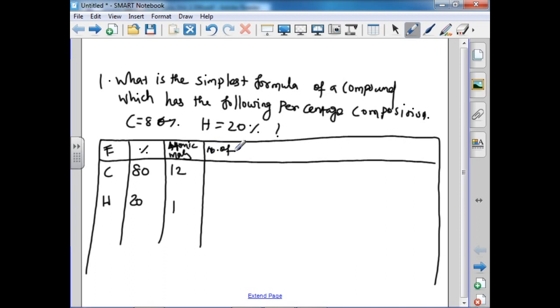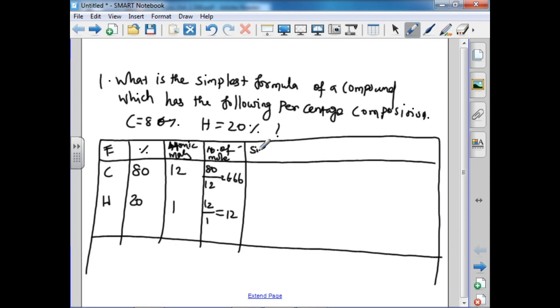Number of moles. The formula is mass divided by atomic mass. The given mass is 80 divided by atomic mass 12, so the answer is 6.66. The next one is hydrogen. Given mass 20, atomic mass 1, so the answer is 20.